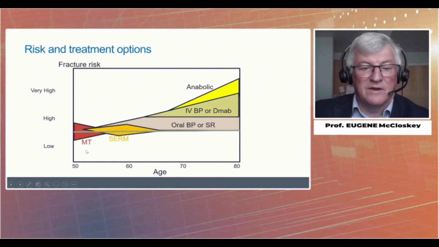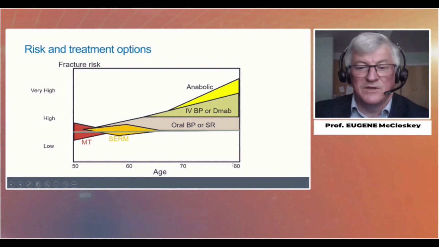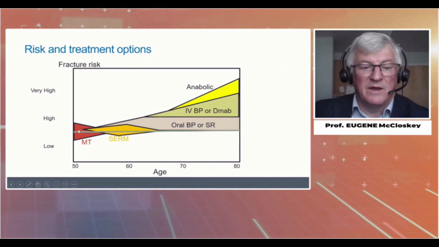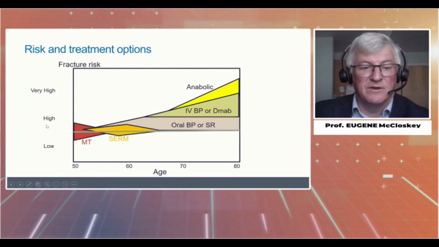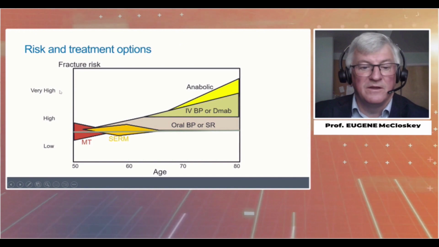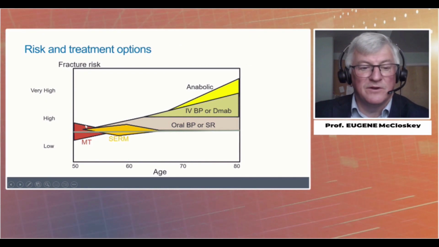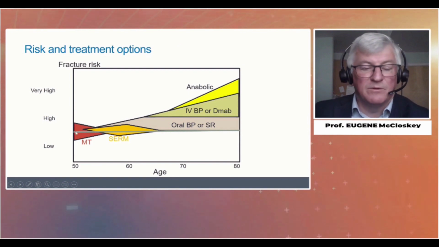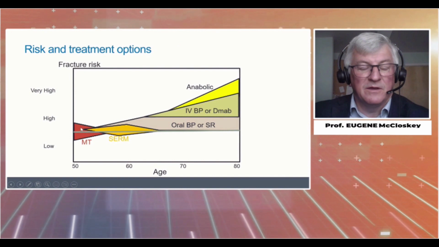But we're looking here at looking after postmenopausal women from the age of 50 to the age of 80. And the risk here, I haven't put numbers on the risk here, but just categories of low, high, and very high. And you can see that in the early 50s, around the time of the menopause, then menopausal therapy or hormone replacement therapy could be useful.